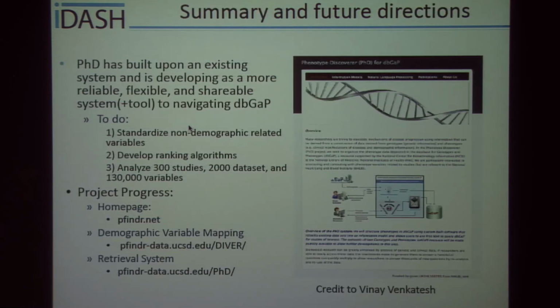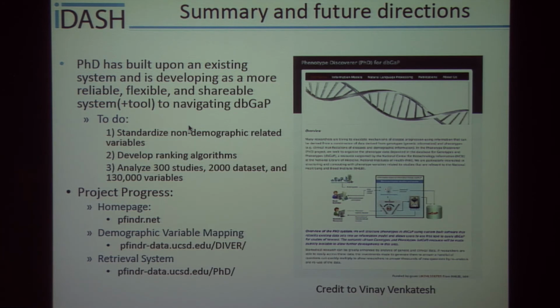And to quickly summarize, our project has been building upon the existing system that is in place now, and has been developing a more reliable, flexible, and shareable system with which to navigate the database. There's still many things to do, a few of which I've listed there, which are to standardize non-demographic related variables, to develop ranking algorithms, and the last point there is to give you an idea of how much information we have to analyze and process.